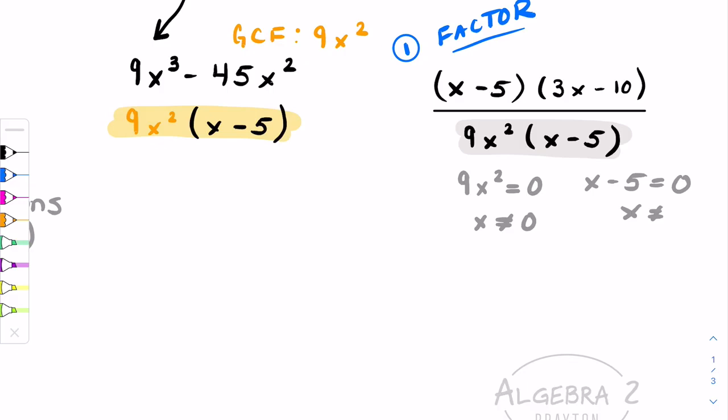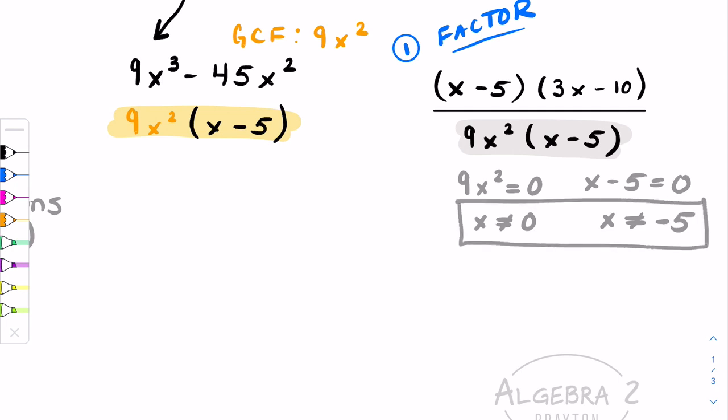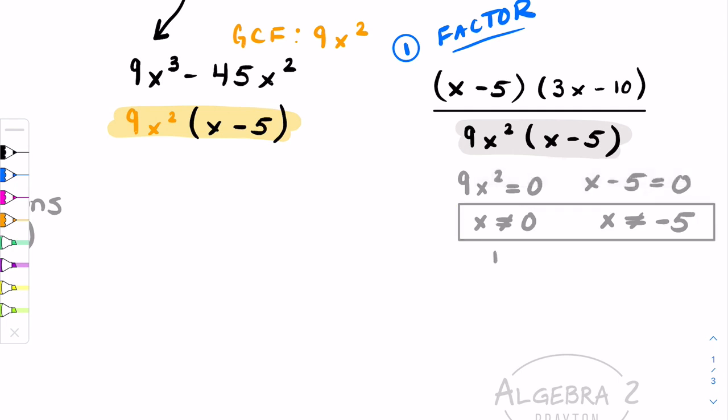So these restrictions are the values that would create a 0 in the denominator, which we cannot have. This would be step 2.